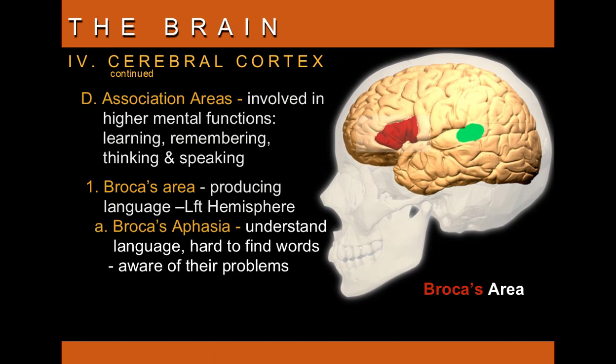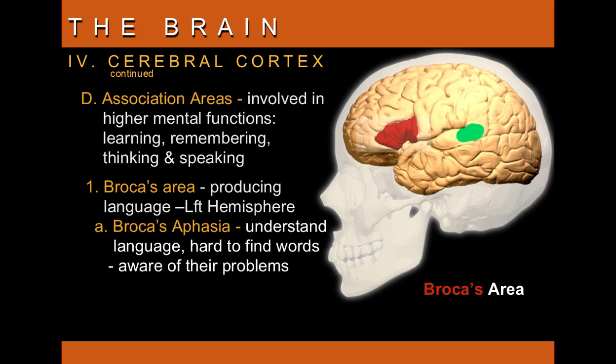Now, other places your cerebral cortex again has been mapped out due to experiences include association areas. Association areas are those places that are devoted to speech, language, and processing, and one that has been mapped out is called Broca's area, named after the doctor that found it, which is responsible for producing language.